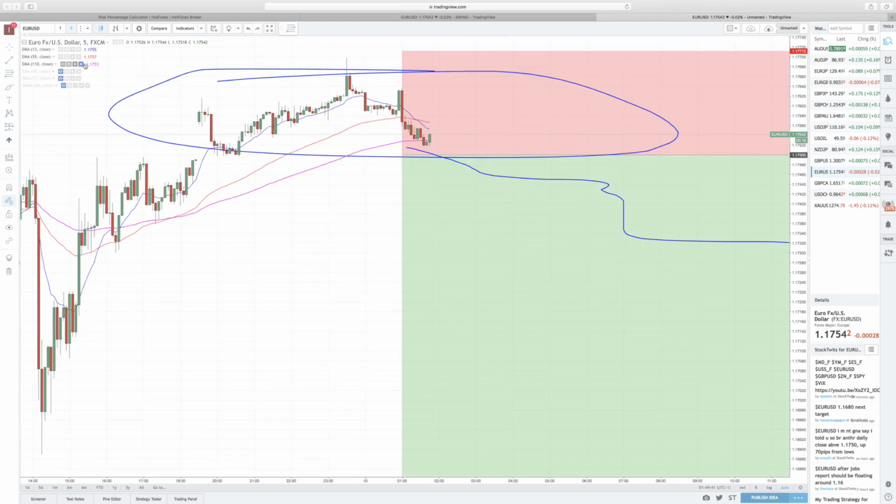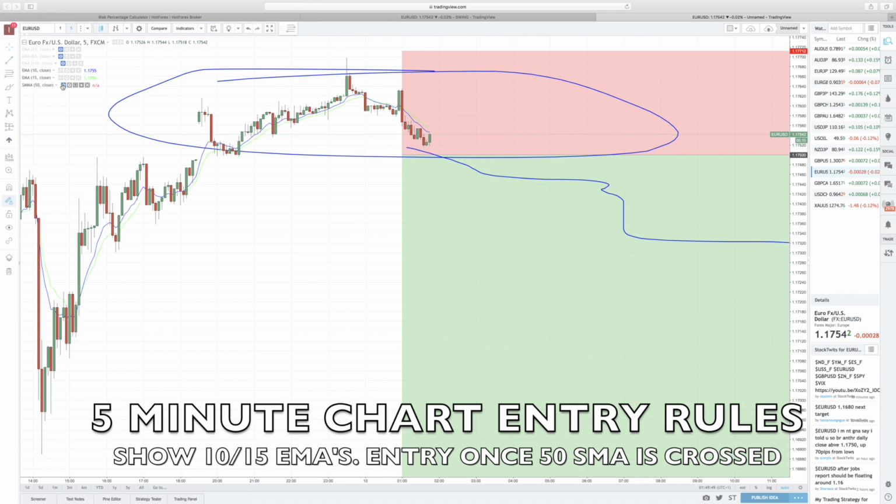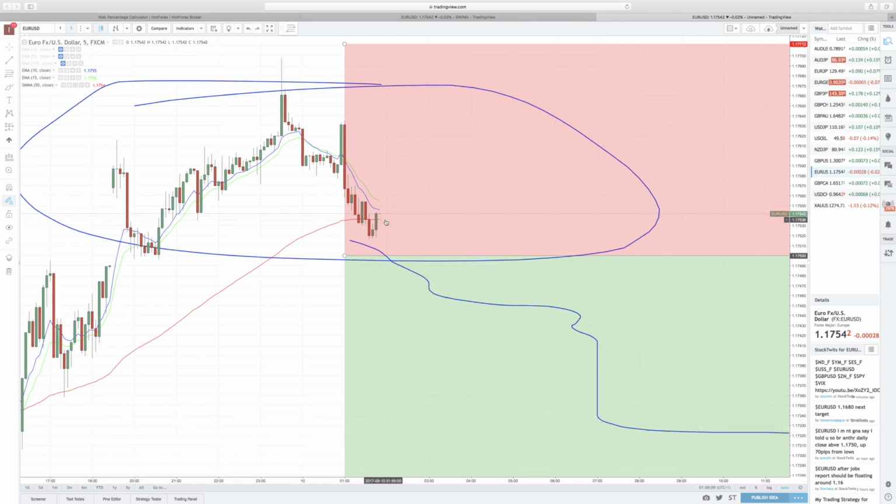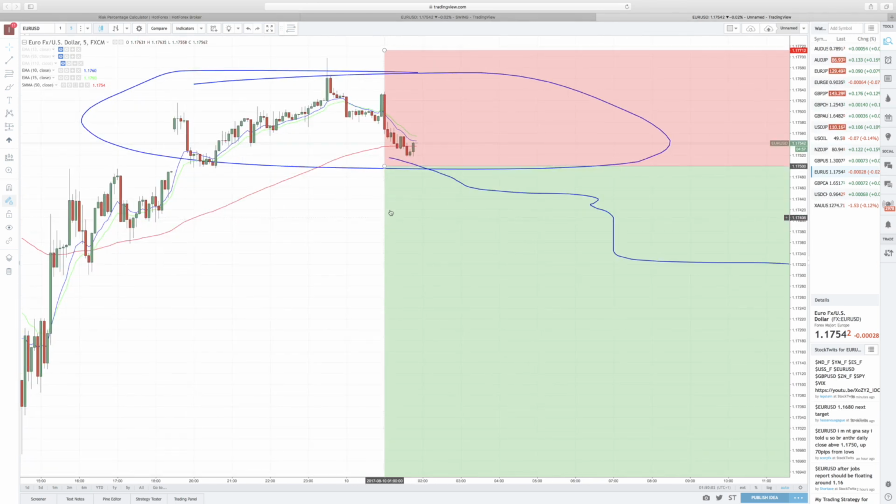So as we switch to a 5-minute chart, we then hide the 110, the 55, the 13, and we show the 10, the 15, and the 50. Okay, now once these have crossed over, once the blue and the green lines have crossed over the 50 period smooth moving average, that's where we're looking to actually enter the market.